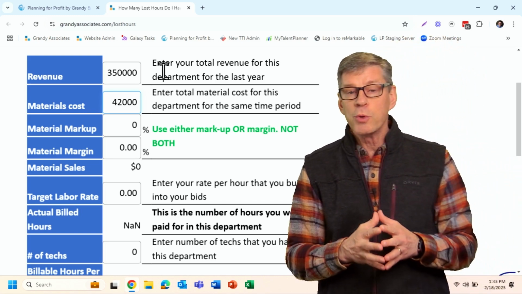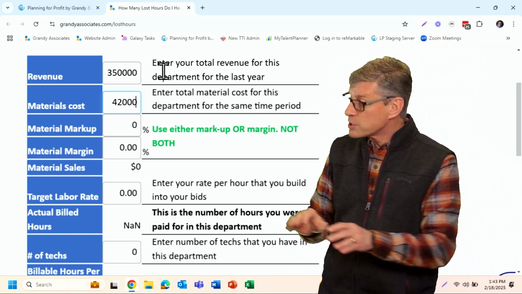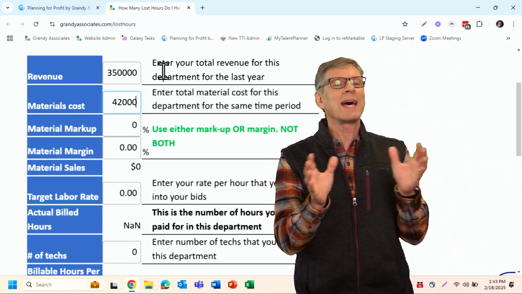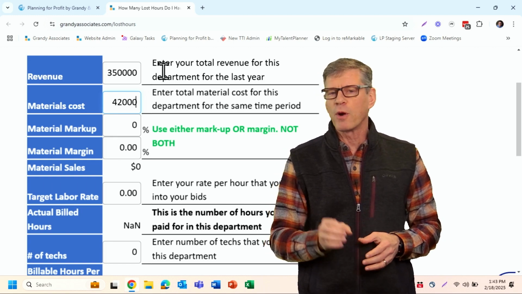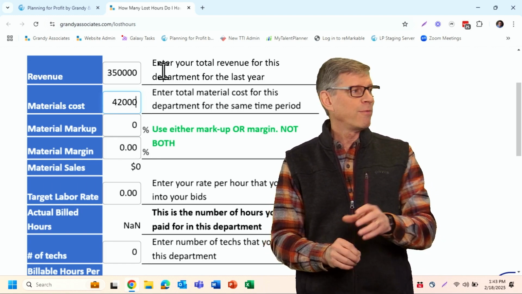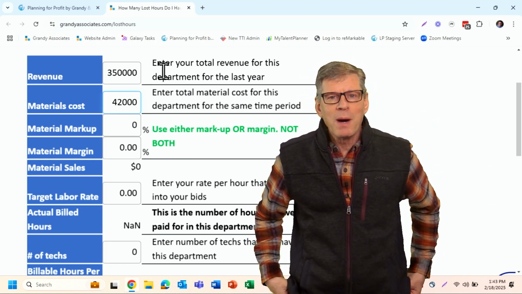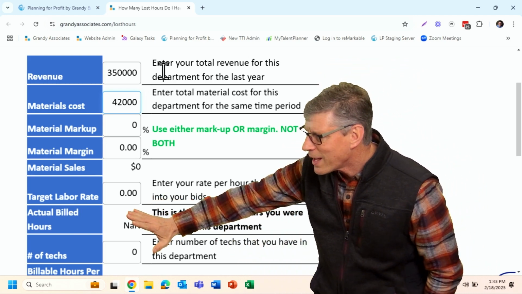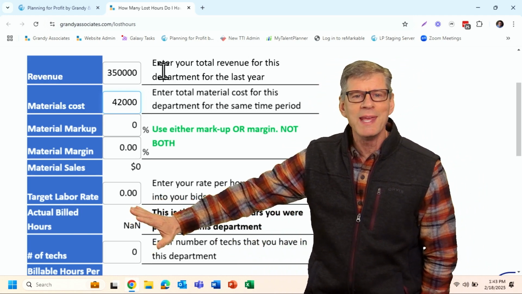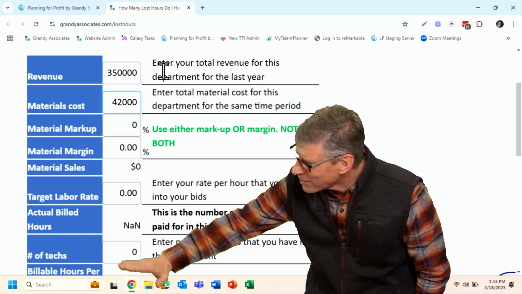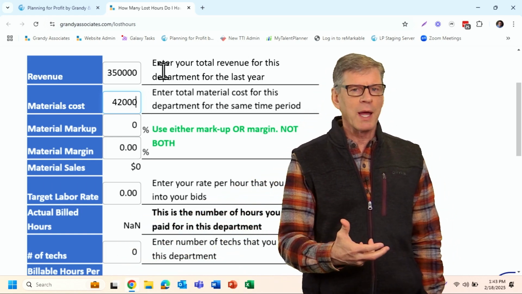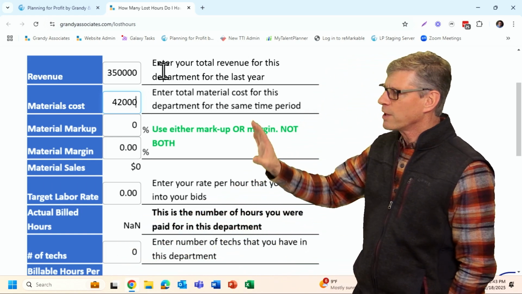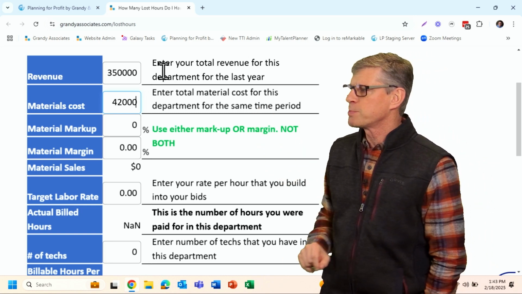Remember, you can use this calculator, at least the majority of it, for any time period you want. If you wanted to check a week, a day, or a month, you can certainly do that as well. If you use any time period other than a year, the lower couple of items on here won't apply to you. They apply if we're using an entire year, as we're doing in this particular case.